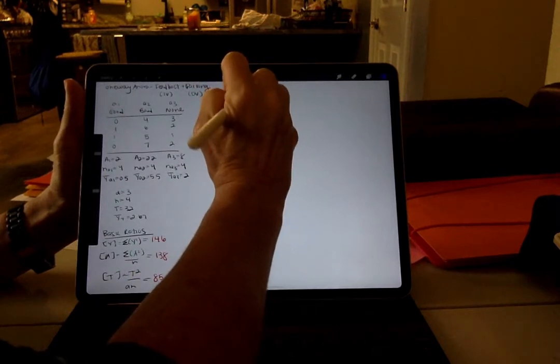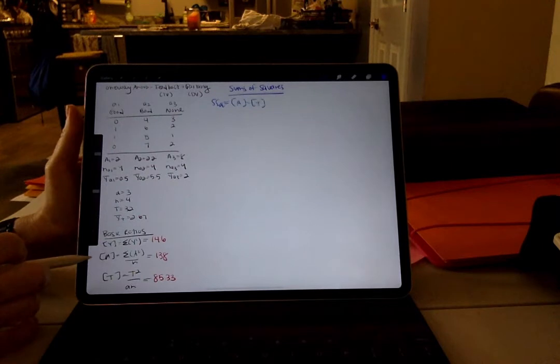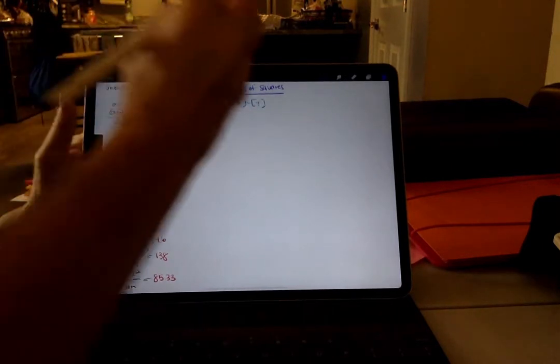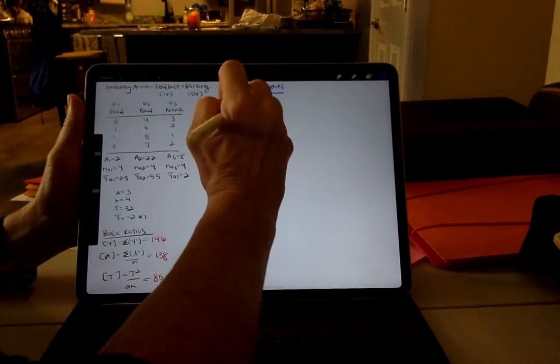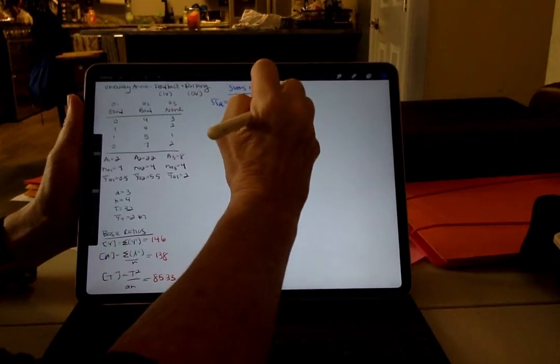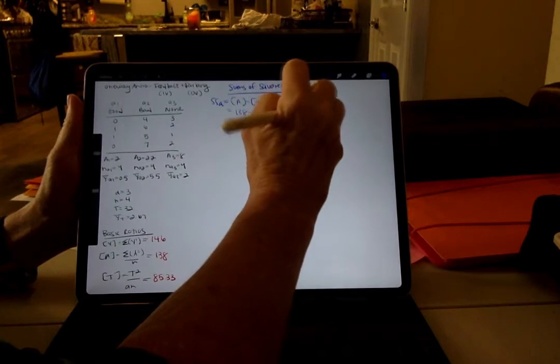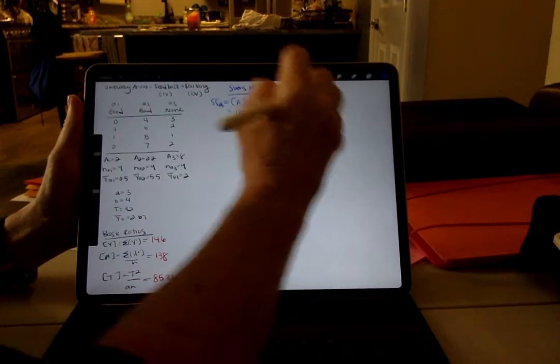The formula for this is quite simply the basic ratio for A minus the basic ratio for T. So we have 138 minus 85.33, and that equals 52.67.